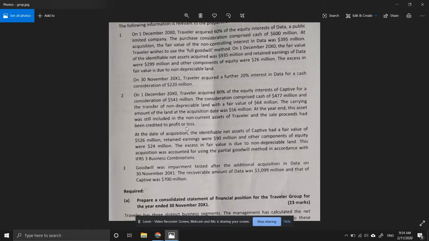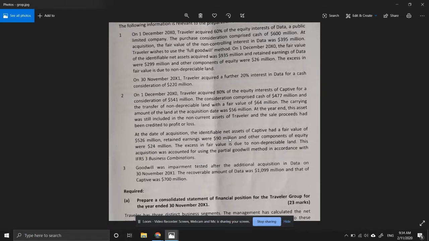So what we need to do is remove it from non-current assets, and the sales proceeds which had been credited to SOPL need to be removed from there. That means debit retained earnings, credit non-current assets. At the date of acquisition, the identifiable net assets of Captive had a fair value of 526 million.